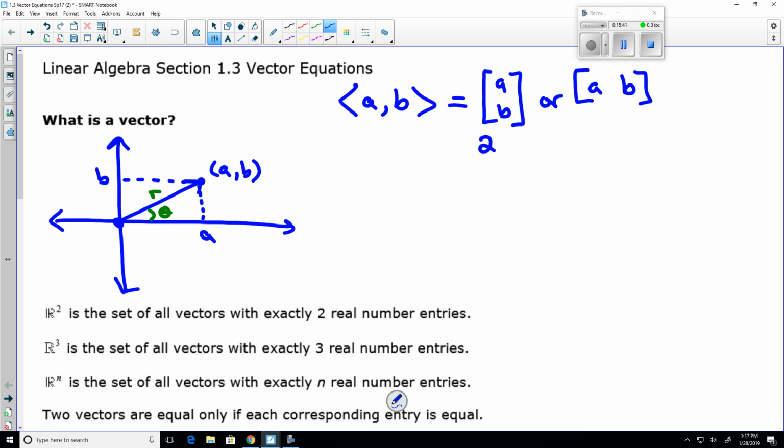So we'll say this is a 2 by 1 matrix or a 2 by 1 vector. And this one has 1 row and 2 columns. This would be a 1 by 2 vector or matrix. And we're going to say that those are basically the same thing. So any matrix that has just 1 row or just 1 column, we're going to call it a vector as well. Okay, we're going to say it's a vector.